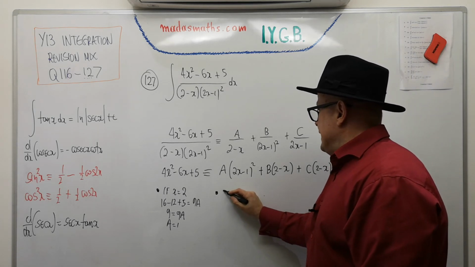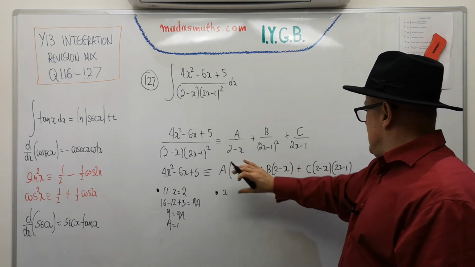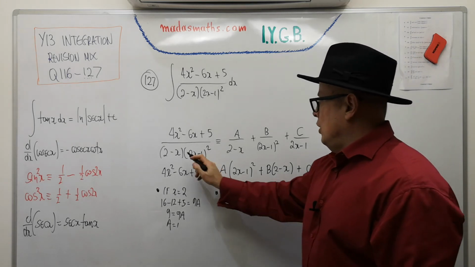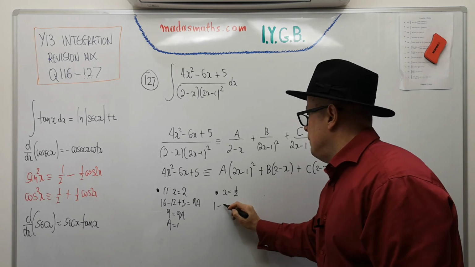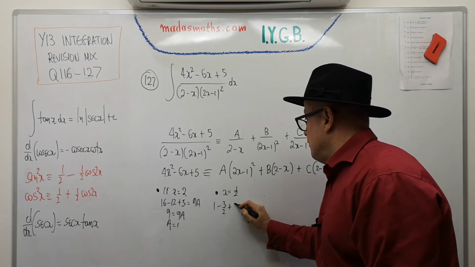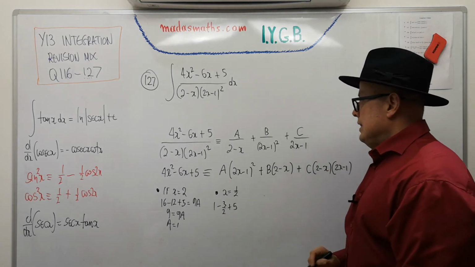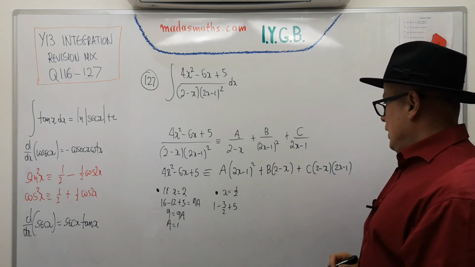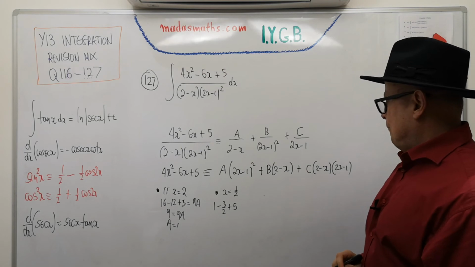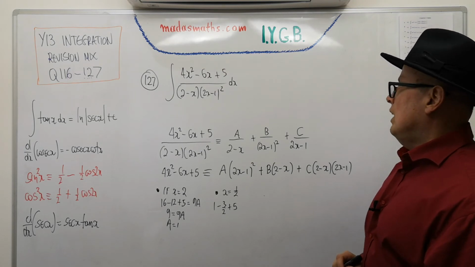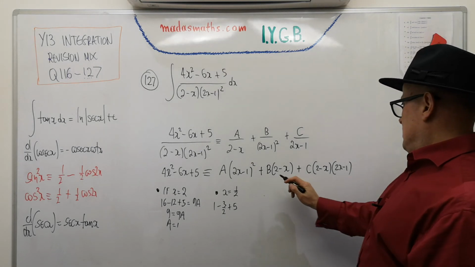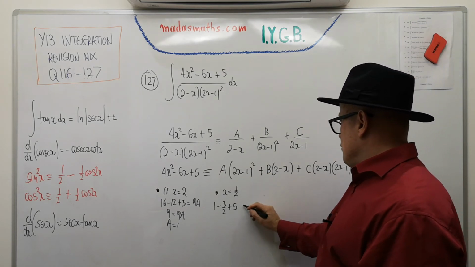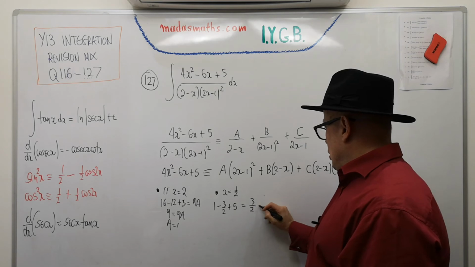We're going to put now x is equal to a half, trying to get rid of that and that. x is equal to a half, quarter times 4 is 1, minus 3 over 2 plus 5. And then this is gone, 2 take away half is 3 over 2, so that's 3 over 2 b.